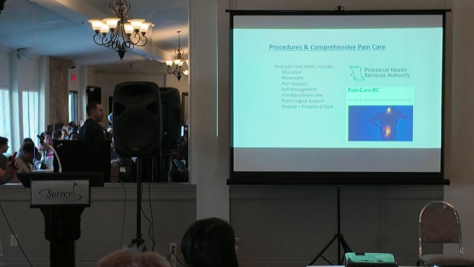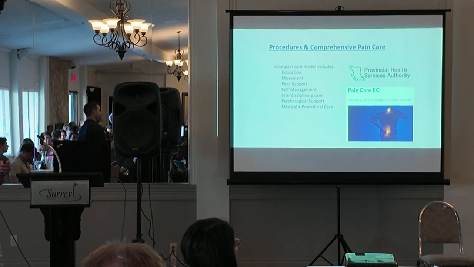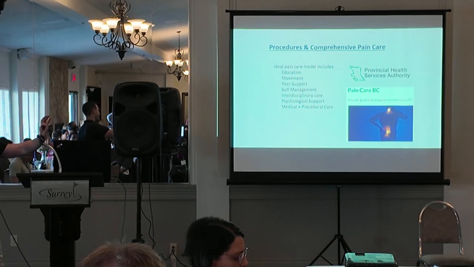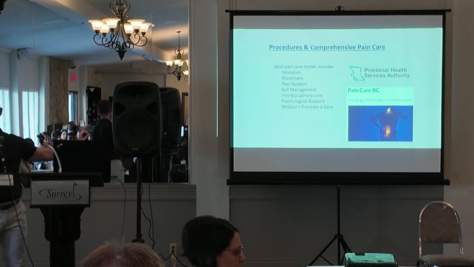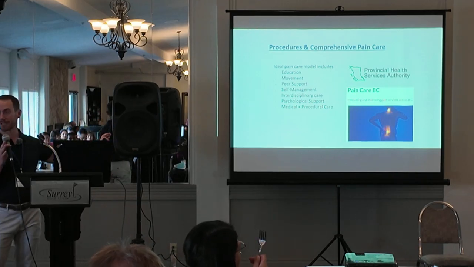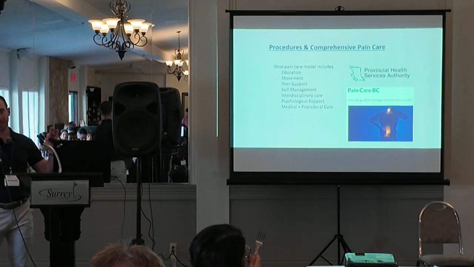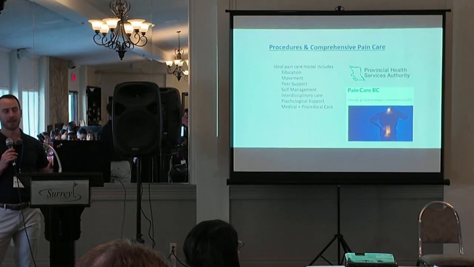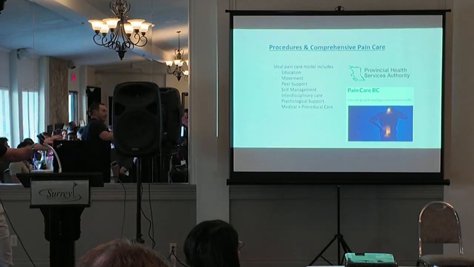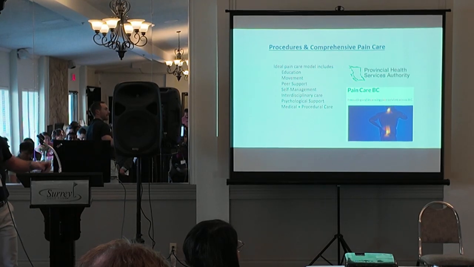The ideal pain care model would include education, movement, peer support, like Gary was talking about, self-management classes, and interdisciplinary care. Multidisciplinary is where different providers work in the same environment: physio, OT, doctor, pharmacist, all in the same clinic. Interdisciplinary is where they work in the same clinic and talk to each other about the patients. Then psychological support, medical and procedural care.